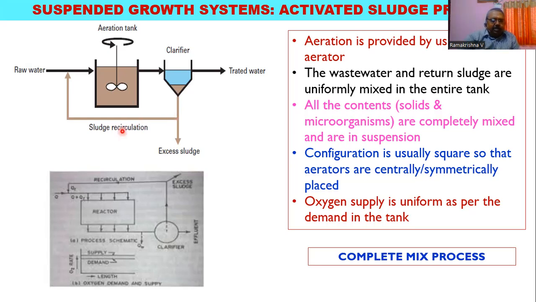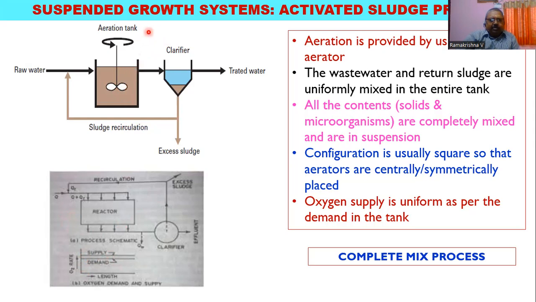In this process, whatever the demand and supply, they are uniformly met across the tank, because we are giving a continuous supply of aeration. When you are making a continuous agitation here, the oxygen from the air will enter the water. The oxygen is in the gaseous phase, and the water is in the liquid phase.